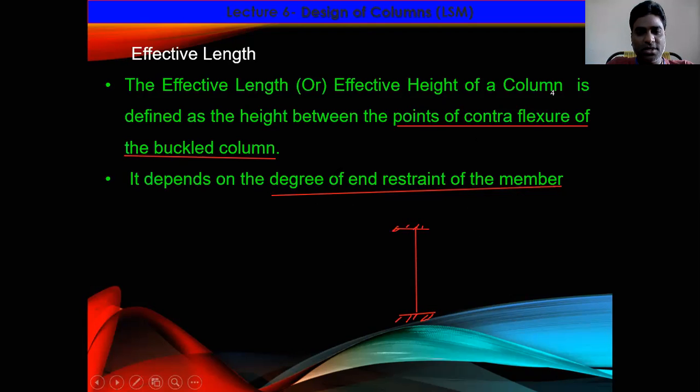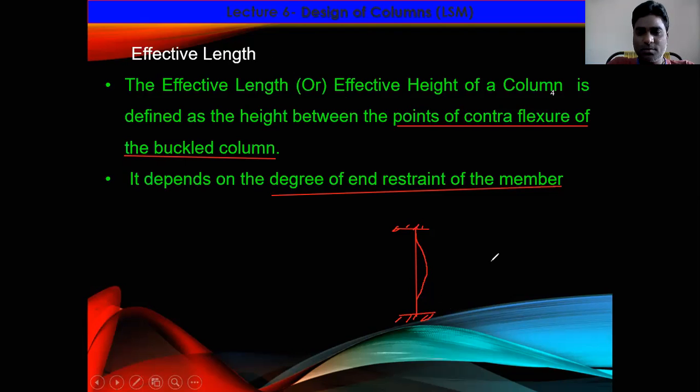Here, due to the application of load, this column will buckle like this, not exactly, but in a similar way. Let us try once again. It will buckle due to the compression load.